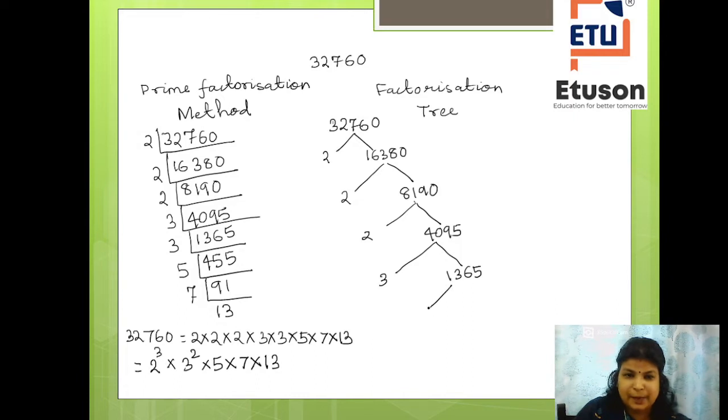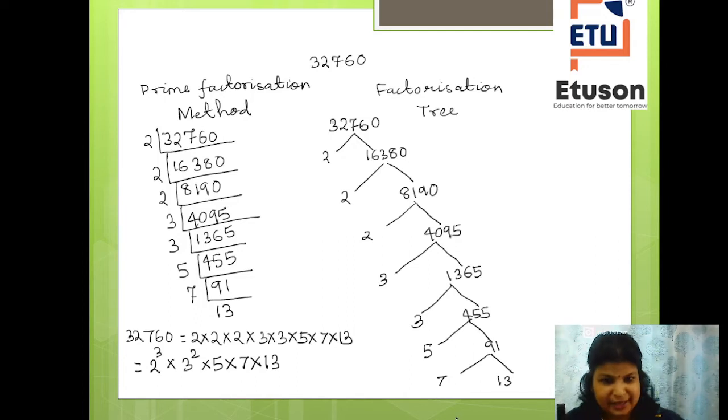Now 1365 can be written as 3 into 455. Now 455 can be written as 5 into 91. 91 can be written as 7 into 13. Correct or not? So you have got the last prime number, which again cannot be divided into any number.